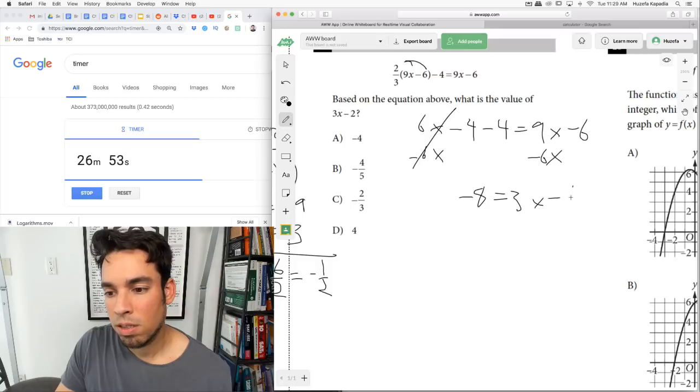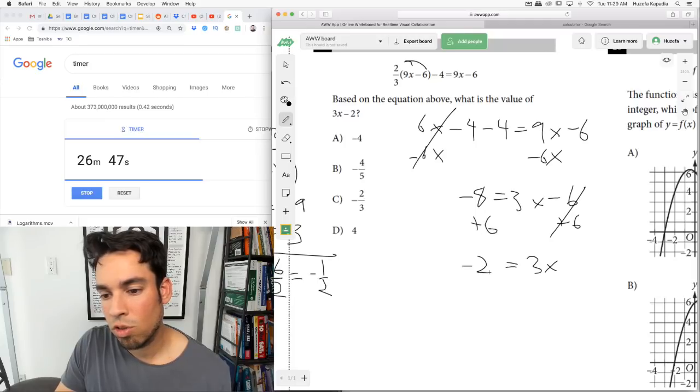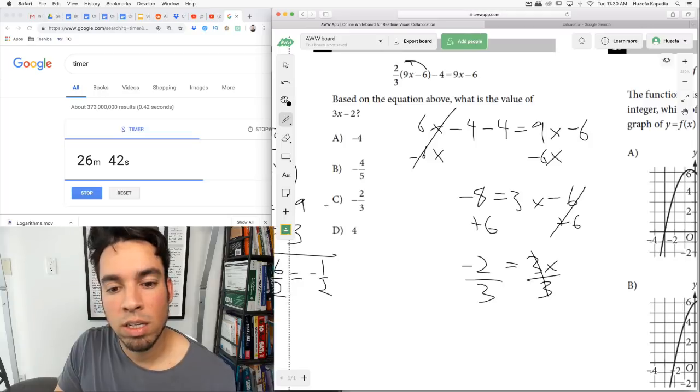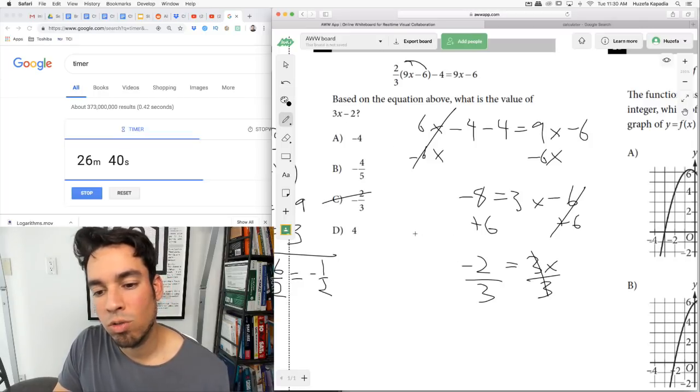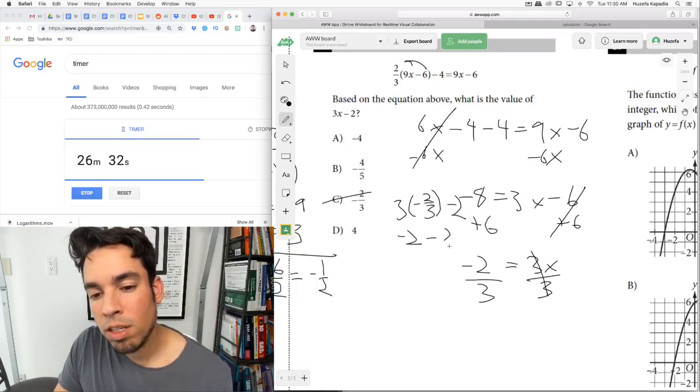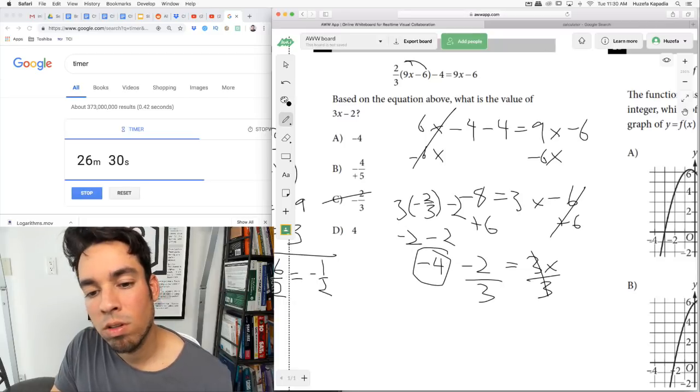No, wait: negative 4 equals 3x minus 6, add 6, add 6. 2 equals 3x... 3x equals negative 2. Divide by 3, divide by 3. X equals negative 2/3, but they want 3x minus 2. So 3 times negative 2/3 minus 2. That's negative 2 minus 2, which is negative 4.